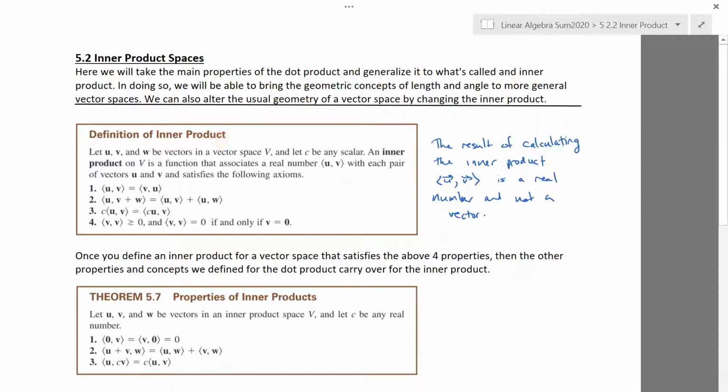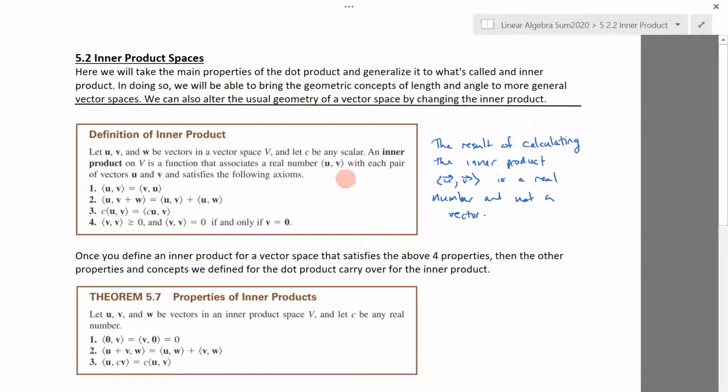Like we did for abstract vector spaces, to define the inner product, essentially you take the four defining properties of the dot product and use them as the definition for the inner product.